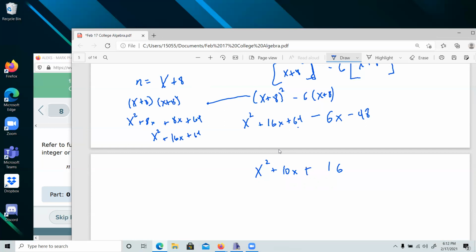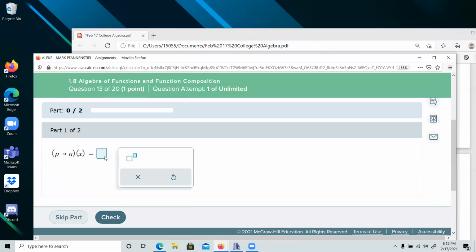So positive. 48 plus 16 will give me 64. Good. So what we have is x squared plus 10x plus 16.